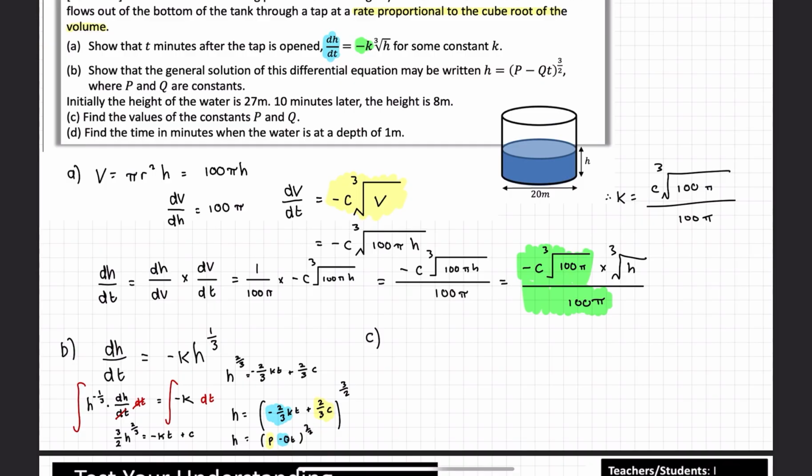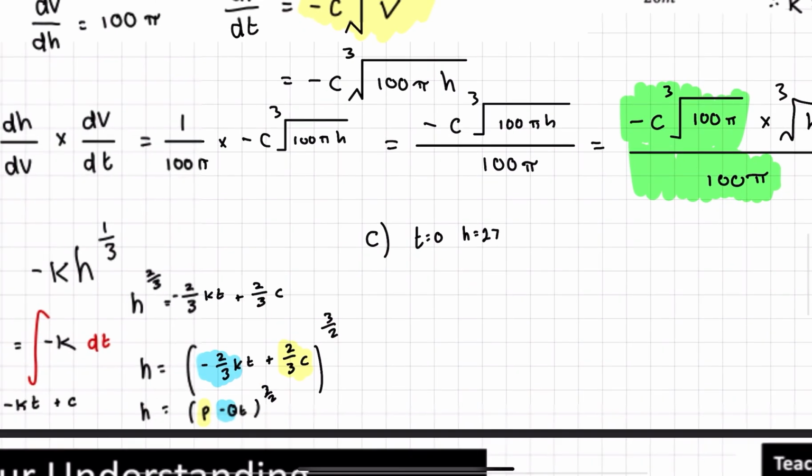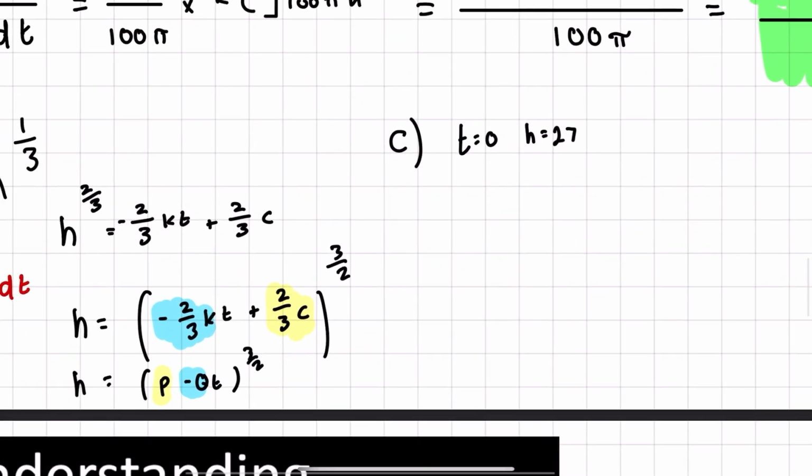Fantastic. Okay, so we're told the initial height is 27, and 10 minutes later it's 8. So what we can say here is when t is 0, the height is 27. Okay. So let's look at our equation down here.